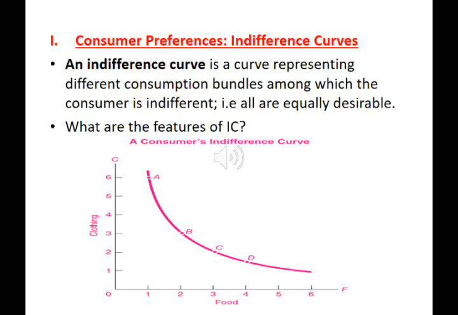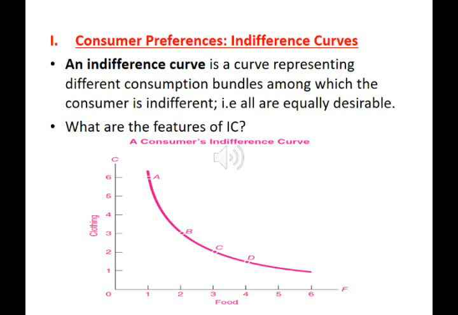However, moving from B to C, now the consumer will only be willing to give up 1 unit of clothes in order to consume 1 extra unit of food. So the marginal rate of substitution is decreasing.